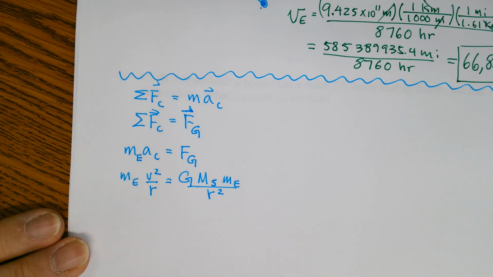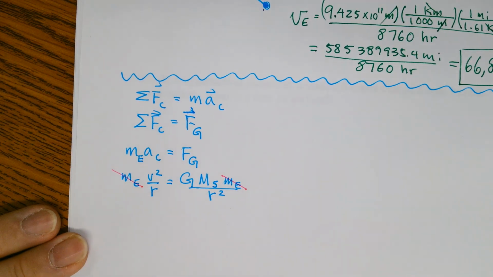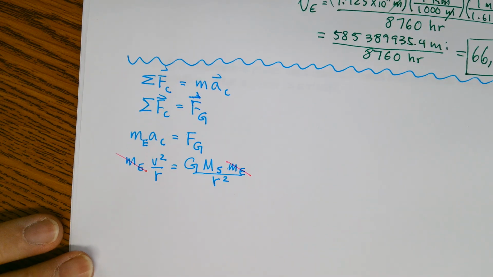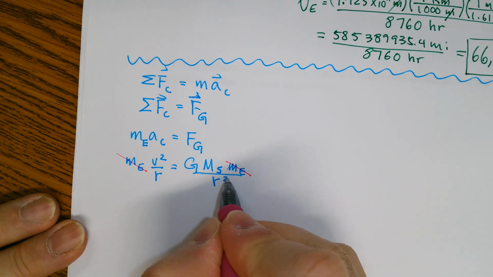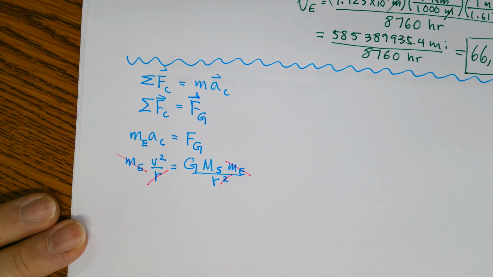Look what happens to the mass of the Earth. The mass of the Earth, boom, boom, gets canceled out. And one of the R's gets canceled out at the bottom.